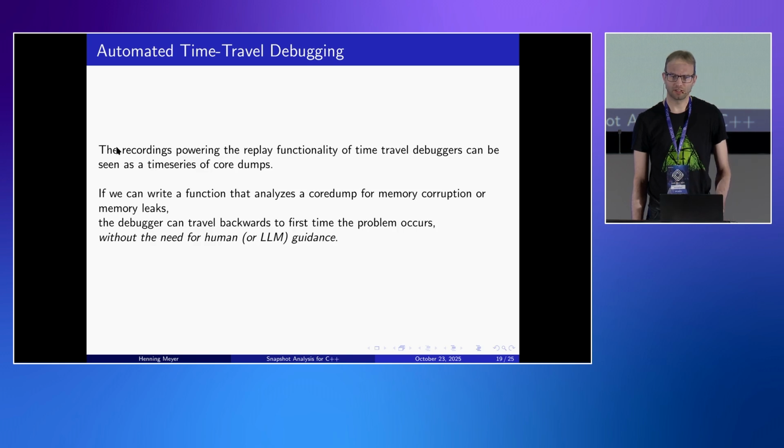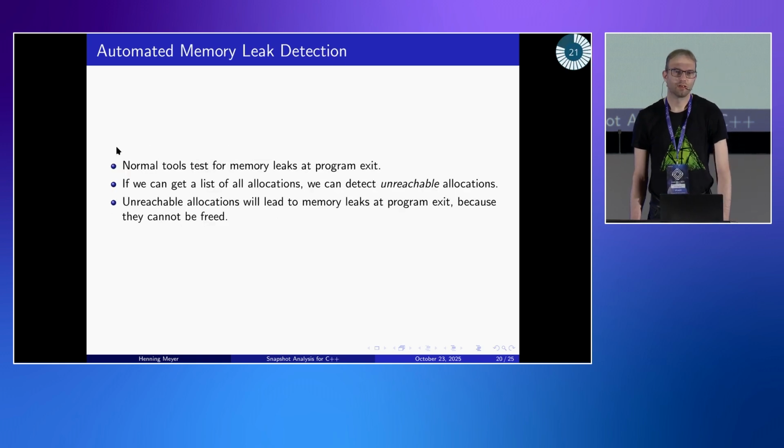But I think if we get a lot more understanding of program state, then we can have recipes for how to debug with time travel debugging that we can hand off to tools or to LLMs, and we can automate the time-consuming parts of debugging. And there's a second part of problems.